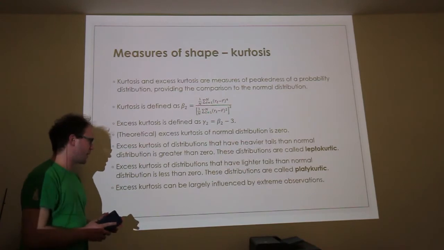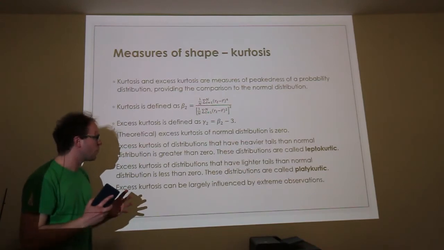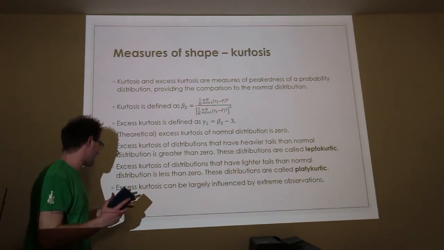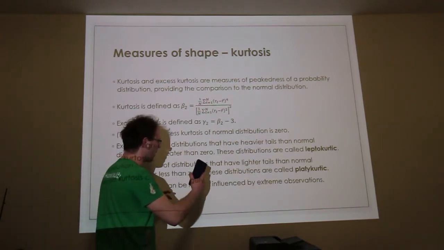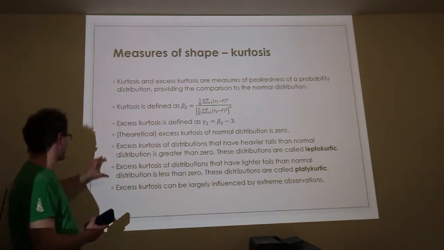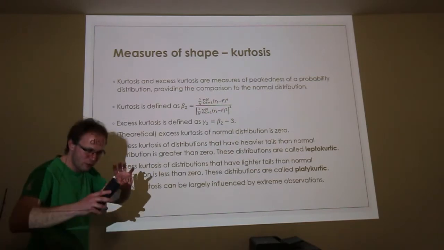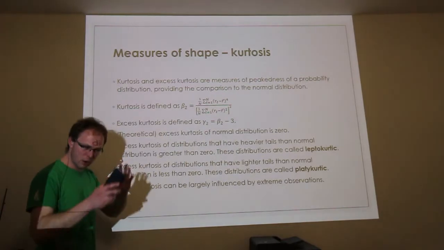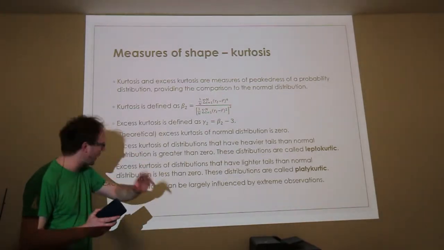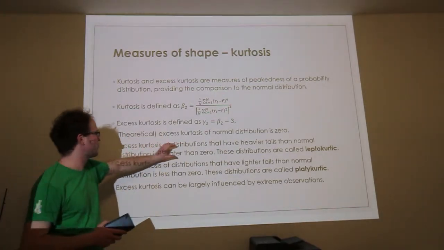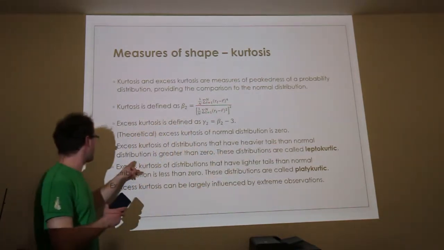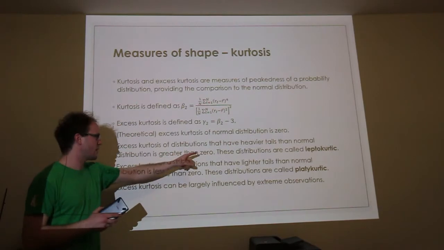Excess kurtosis can be largely influenced by extreme observations, yes? So remember these two sentences or write them, for example, on paper or in your notebook. Excess kurtosis of distributions that have heavier tails than normal distribution is greater than 0.